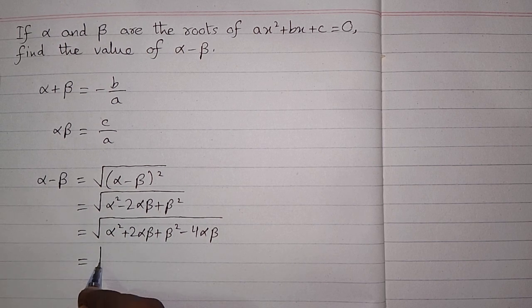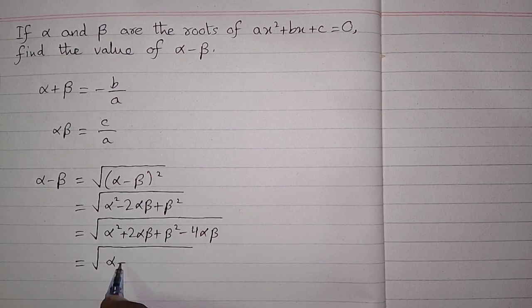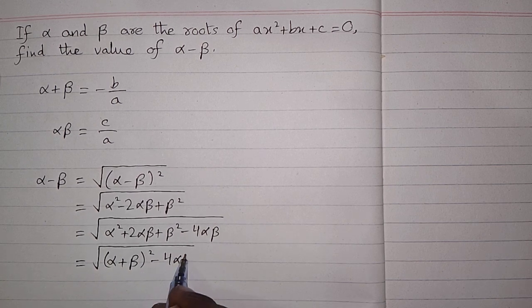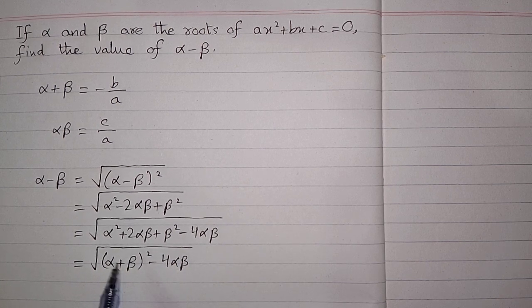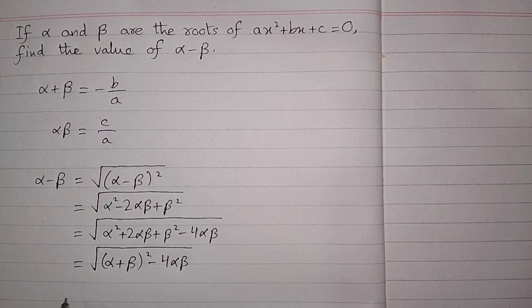Now we have square root of alpha plus beta whole square minus 4 alpha beta. And now we can put the value of alpha plus beta and alpha beta over here.